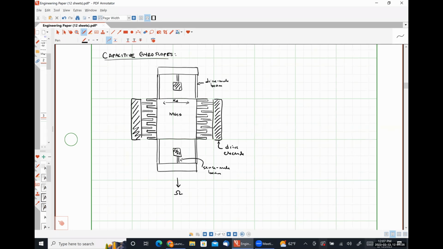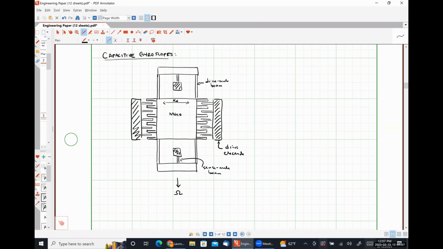So as we have on the screen, my axis of rotation is in the down direction, like we see on the screen, and my movement is left to right. Then I'm going to see that my plate is going to move into and out of the page. Okay, so that is the direction of motion that I'm going to see. So now I have to figure out, well, how am I going to measure that direction of motion? A parallel plate capacitor, right?